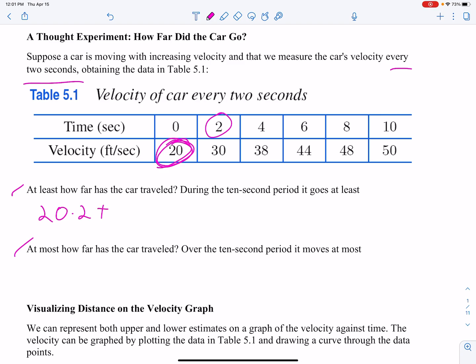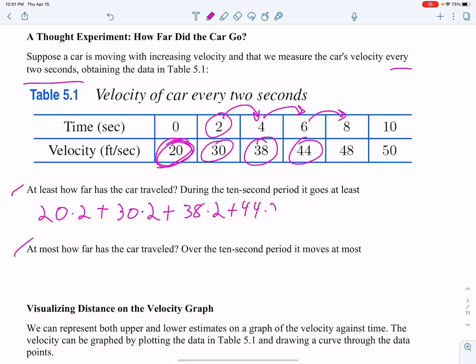Plus, for the next 2 seconds, the car went 30 feet per second, times 2. Plus the next 2-second interval, it went 38 feet per second. And the next 2-second interval, it went 44 feet per second.